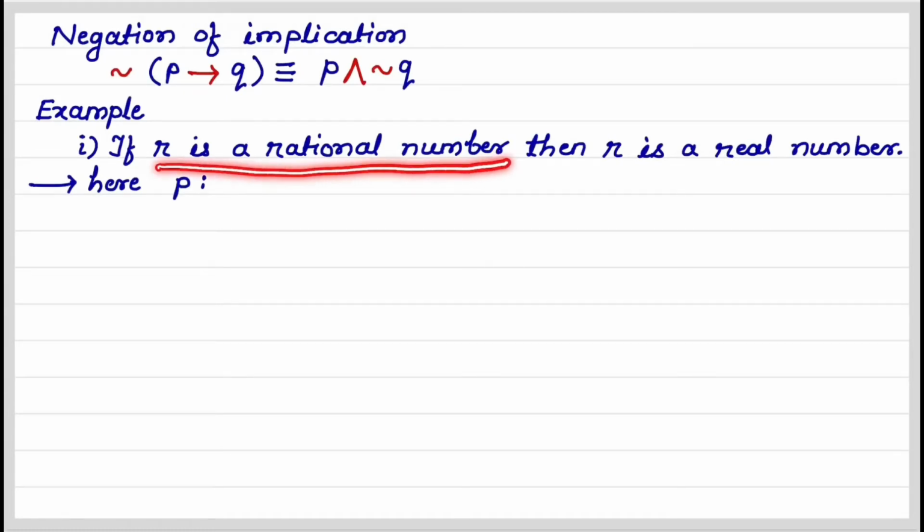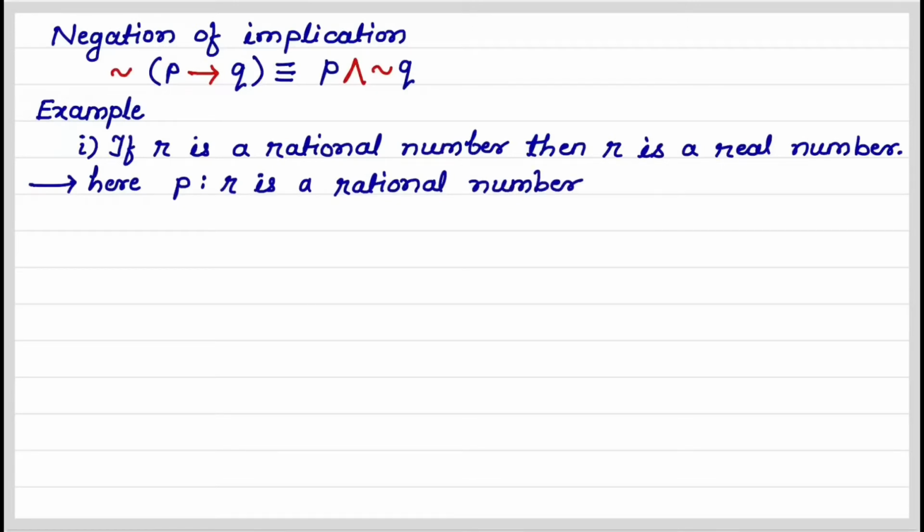We will denote it by P. And second statement, R is a real number, we will denote by Q. First of all, write the symbolic form of the statement, which is P implies Q.